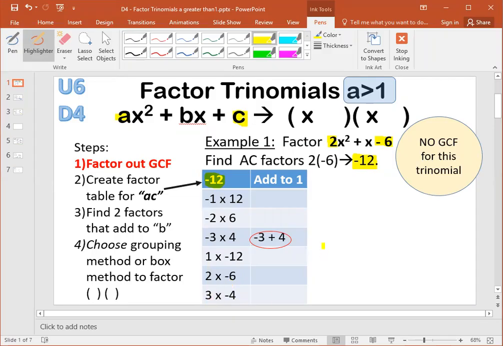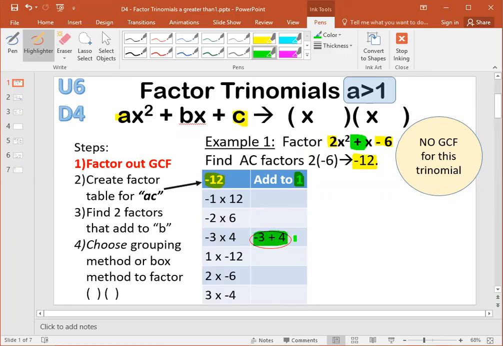So I am looking for where they add up to 1. Remember, there is a 1 here, even though it's not written. So where does it add up to 1? Okay, and that is if I chose negative 3 and positive 4.